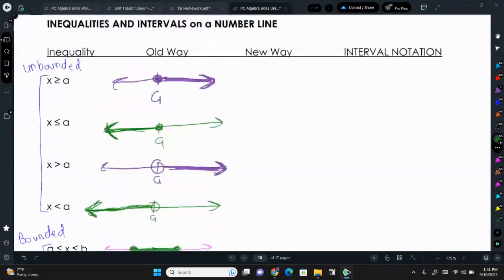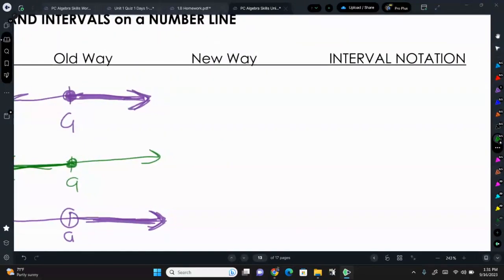Now we're going to talk about a new way, and the new way of doing these uses the same symbols as interval notation. When we were talking about domain and range, if we wanted to say all values greater than or equal to a, we would say a comma infinity with a bracket because it was included or closed, and a parenthesis for infinity, or if it doesn't include that value.